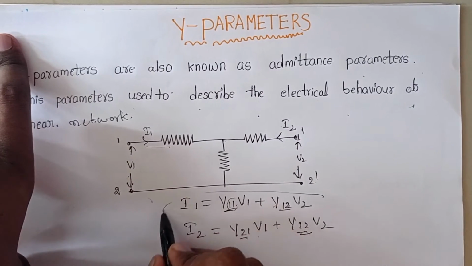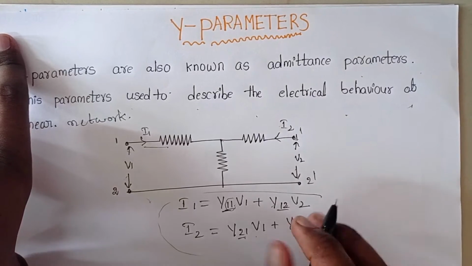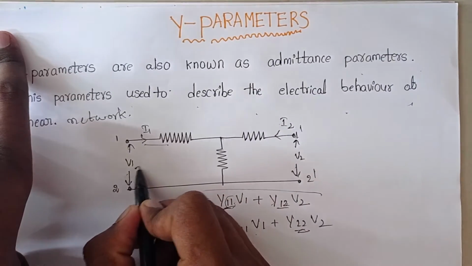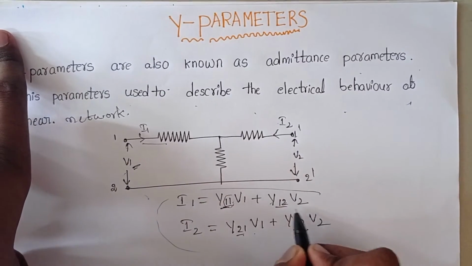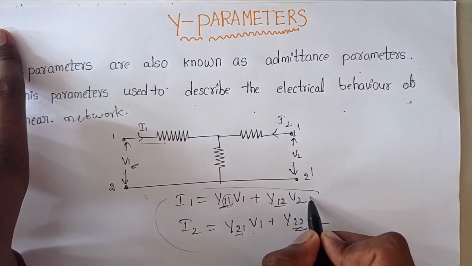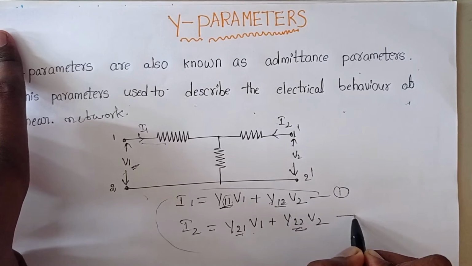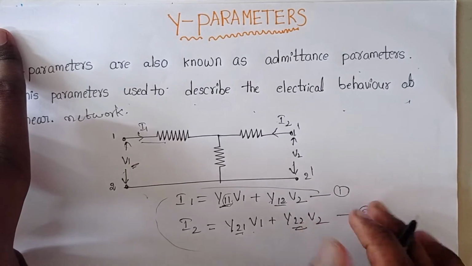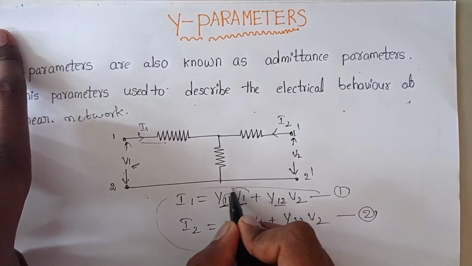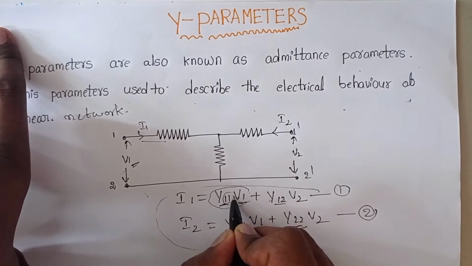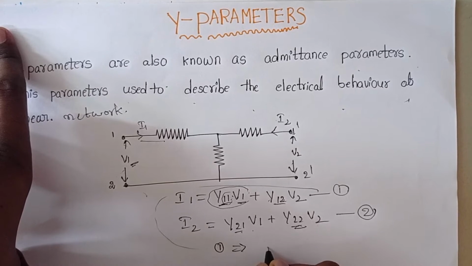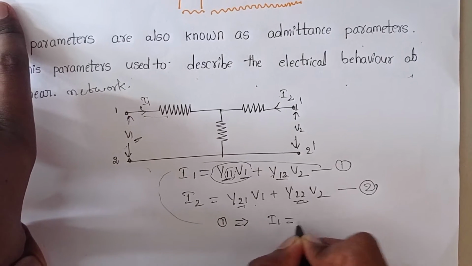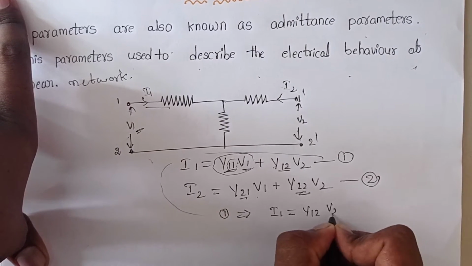Now observe these equations. Assume our input voltage V1 is 0. Substitute in equation number 1. Consider this is equation number 1 and this is equation number 2. If V1 equals 0, the entire first term becomes 0 and equation number 1 becomes I1 equal to Y12 V2.